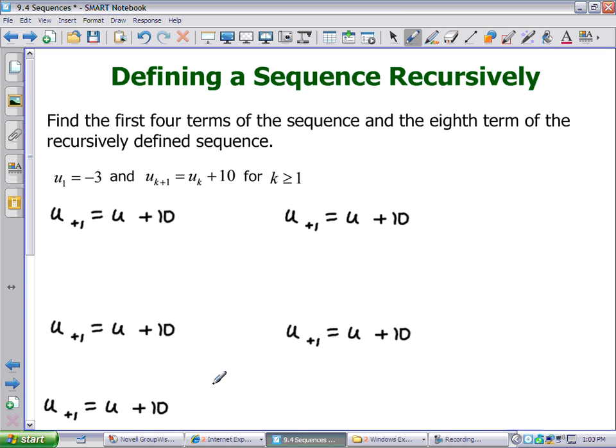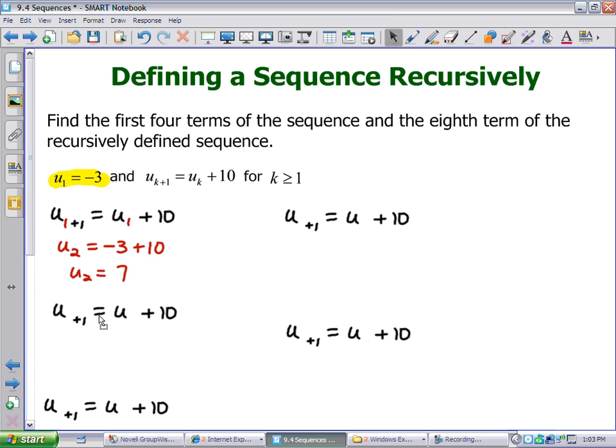Okay, so for the first one, if I plug in 1 for k, which means I plug in 1 for k over here, this says I have u sub 2 is equal to my first term, and u sub 1 they gave me, and that was negative 3, I apologize. So if I plug in negative 3 and I add 10 to it, then that says u sub 2 is equal to 7.